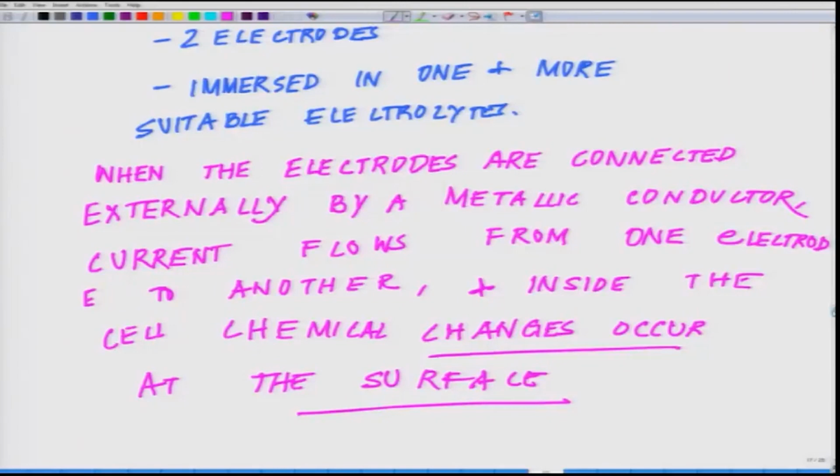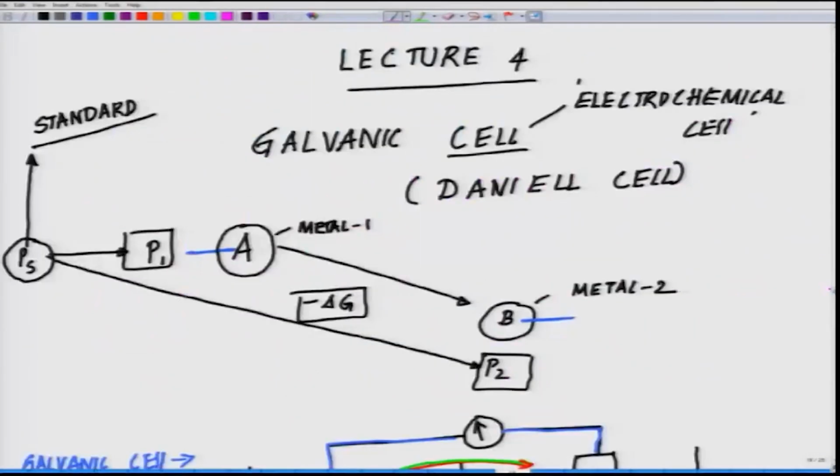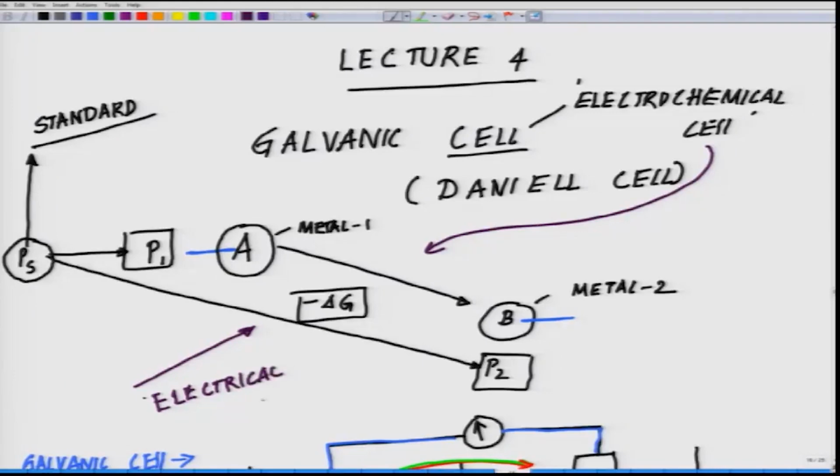So, in other words, if we call this an electrochemical cell, now if we have to put electrical energy in for this reaction to happen, say the reverse reaction, we have to give electrical energy, then those kinds of cells are called electrolytic cells.